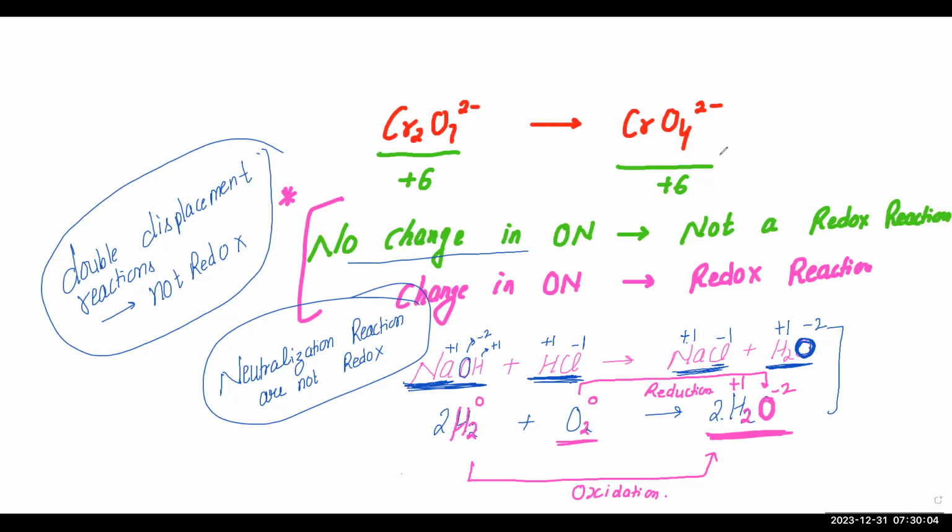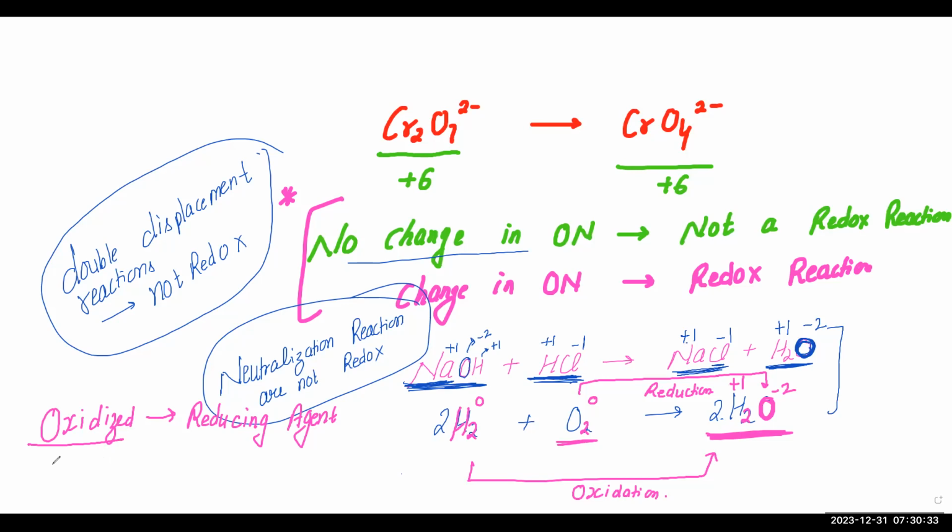So the oxidized species, the one which is undergoing oxidation, acts as the reducing agent. So it is helping in reduction. Agent means helping. So whatever is getting oxidized is a reducing agent.